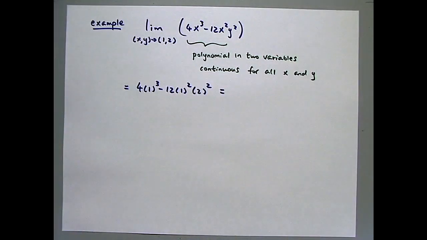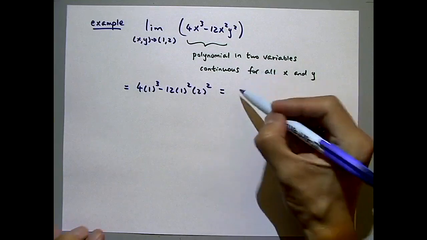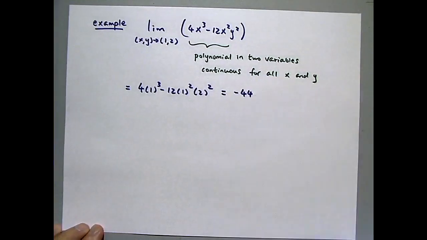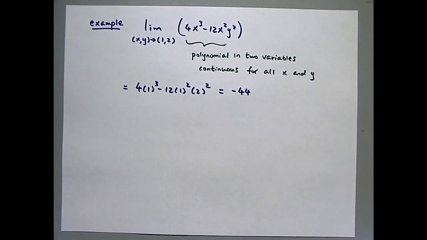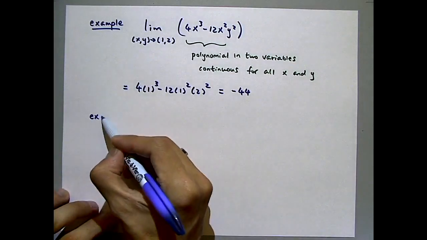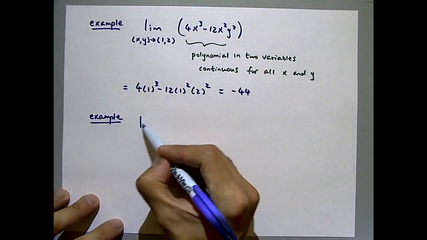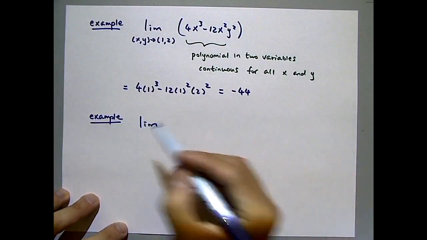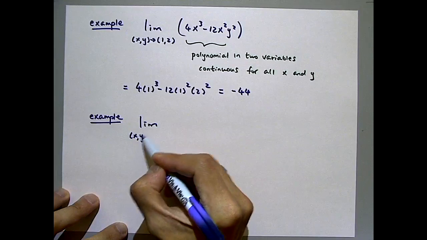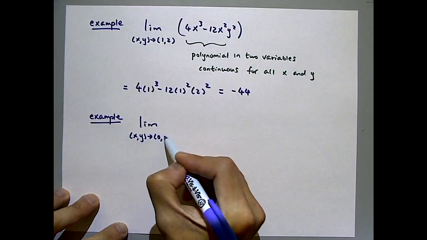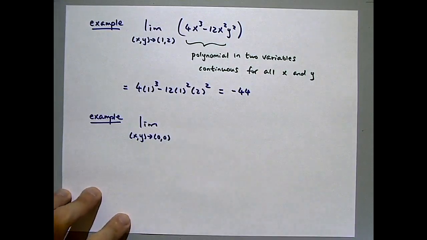So knowing that the function is continuous, the limit is trivial, minus 44. This example is very similar. X and y go into 0, 0.